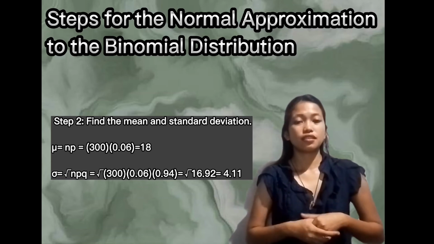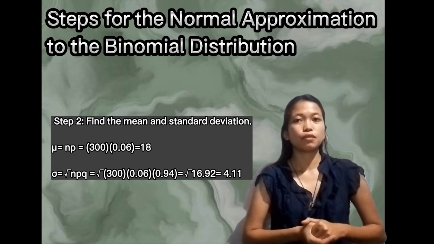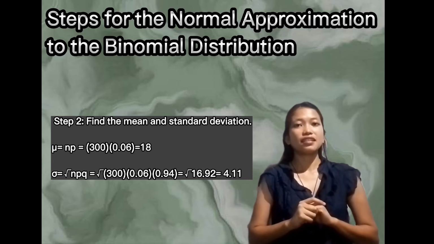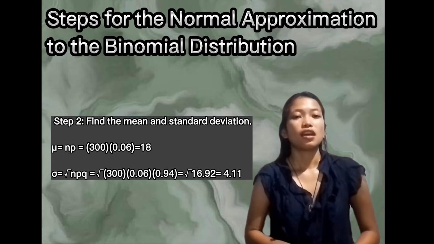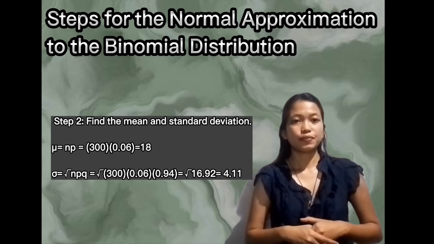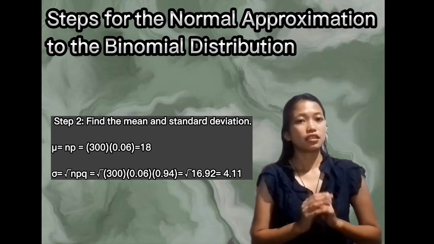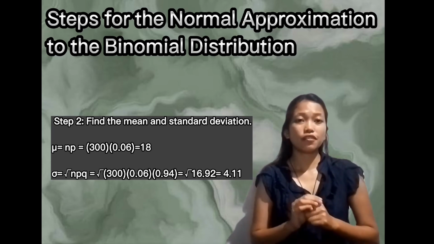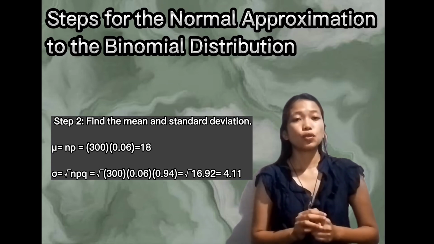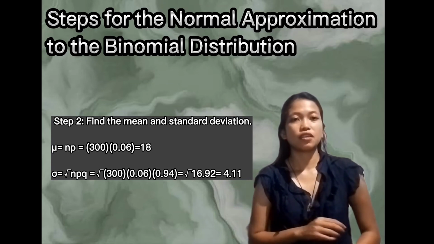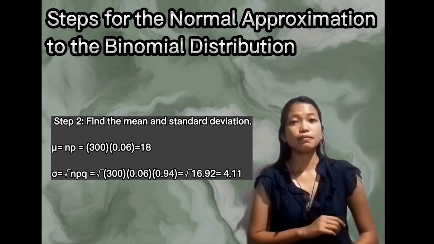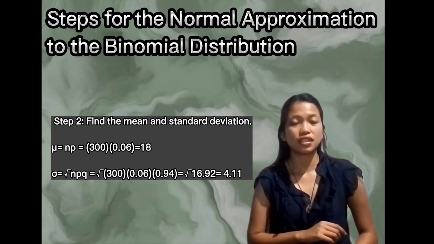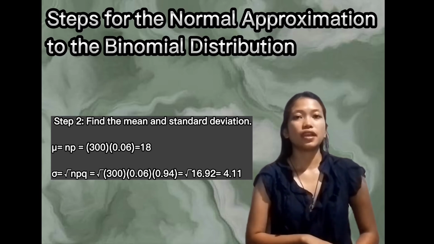Now let's proceed to step number 2. Find the mean and standard deviation. So let's use the formula of the mean and standard deviation in the binomial distribution. The formula of the mean is again mu is equal to n times p, and our n is 300 times p, 0.6, is equal to 18.